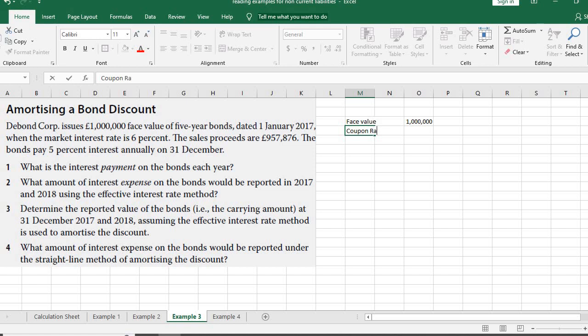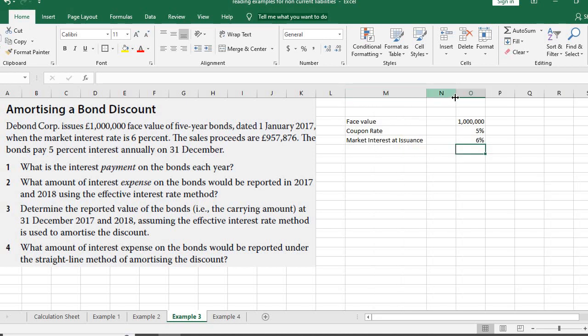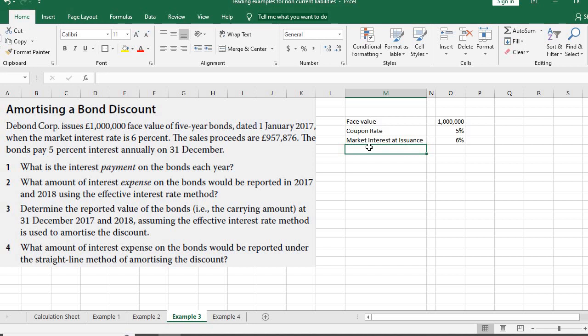Coupon rate is 5%. Market interest rate at issuance is 6%, and interest payment.